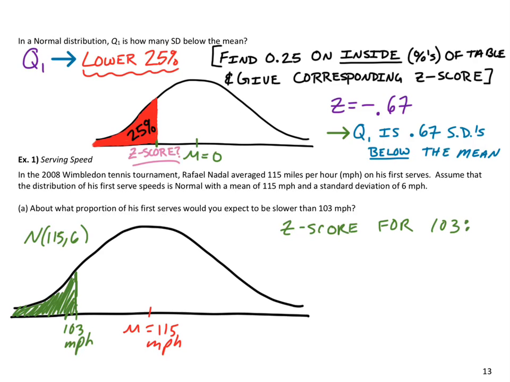How many standard deviations below the mean? But just to be thorough, we'll do the math. So 103, subtract the mean, which was 115, divide by the standard deviation, which is 6. So -12 over 6. -2.